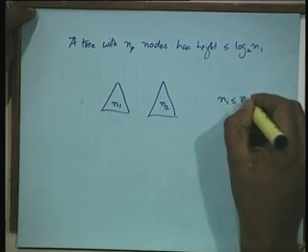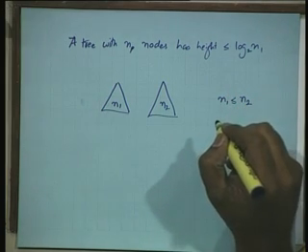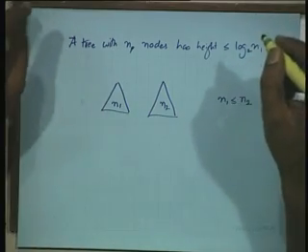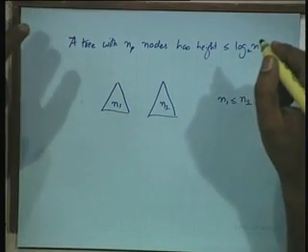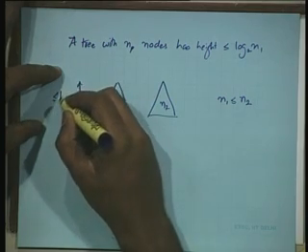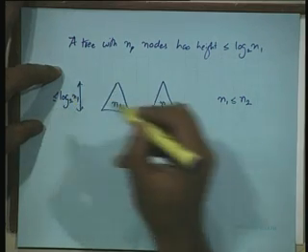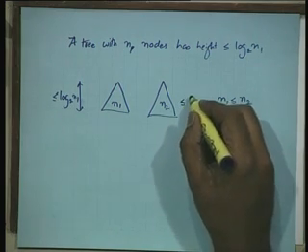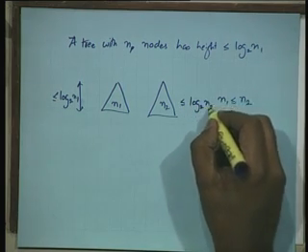Without loss of generality, let us say n1 is less than or equal to n2. Let us assume that the induction hypothesis is true till this stage of my procedure. That means that its height is less than or equal to log of n1, and its height is less than or equal to log of n2.